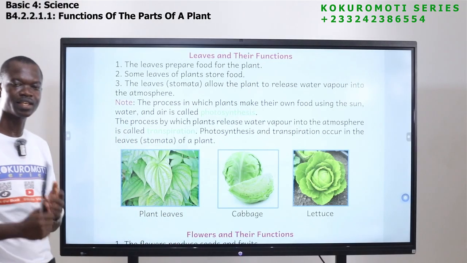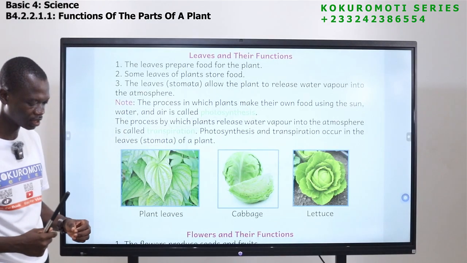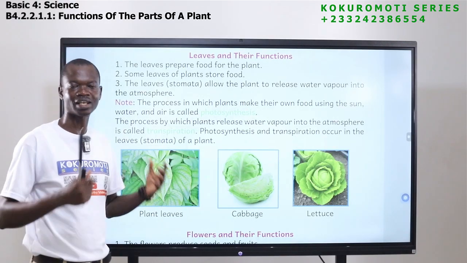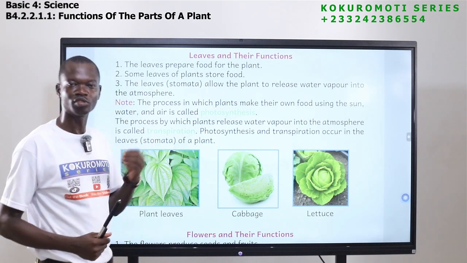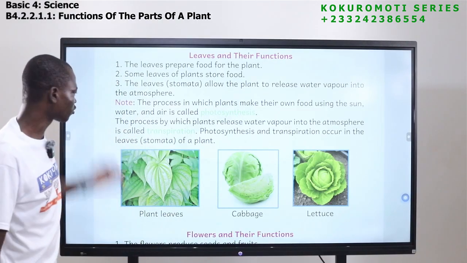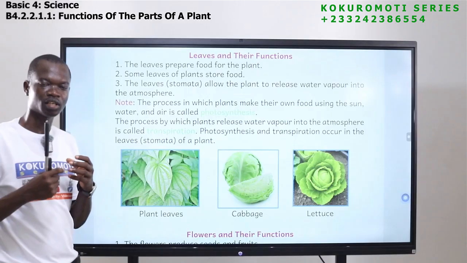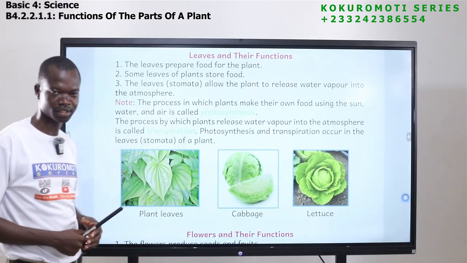These three things are used by plants to prepare their own food. Where does the plant prepare its food? It prepares the food in the leaves. So photosynthesis takes place in the leaves. Apart from that, the leaves also have the stomata. So transpiration also occurs through the leaves.